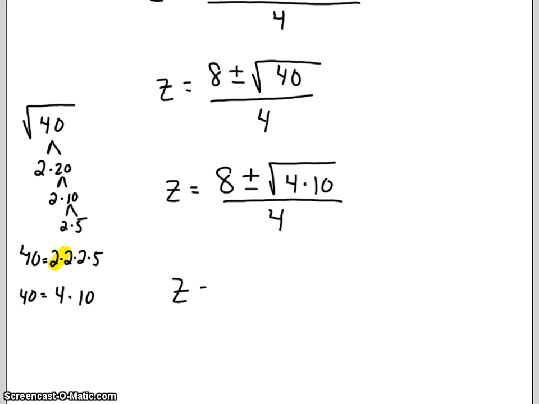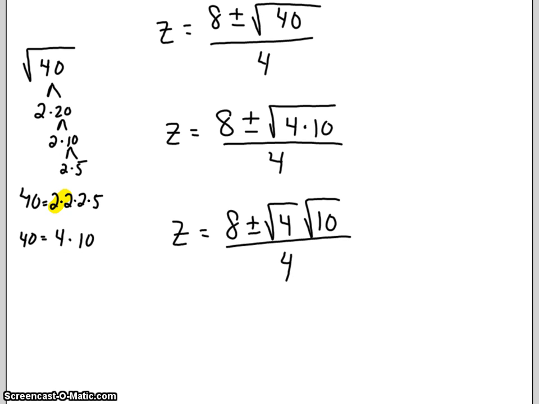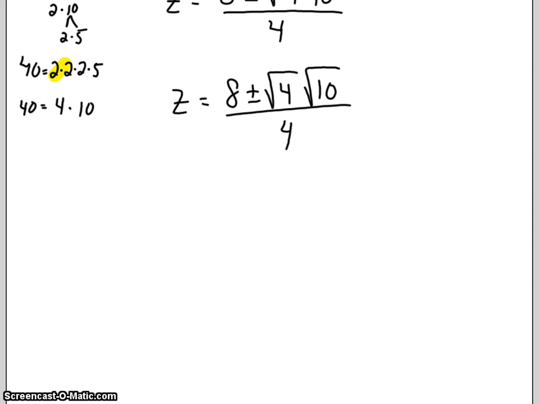Now you split the square root of 4 times 10 into the square root of 4 times the square root of 10. That's okay to do. Now, the square root of 4 is 2. Okay, a little better, but not yet there.